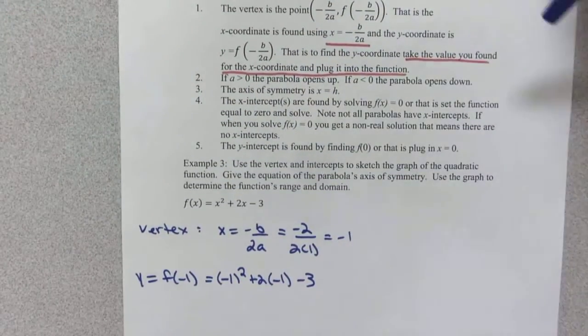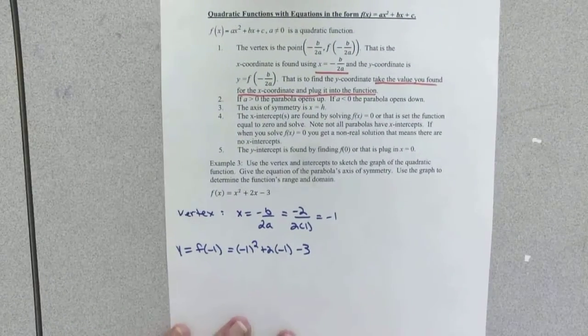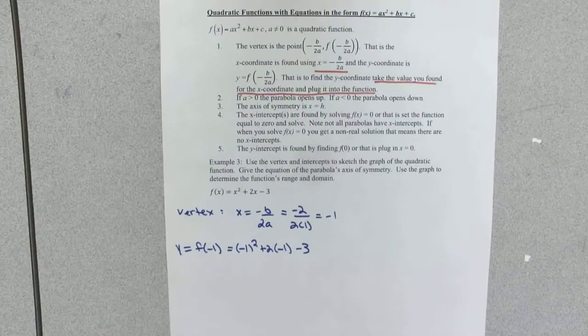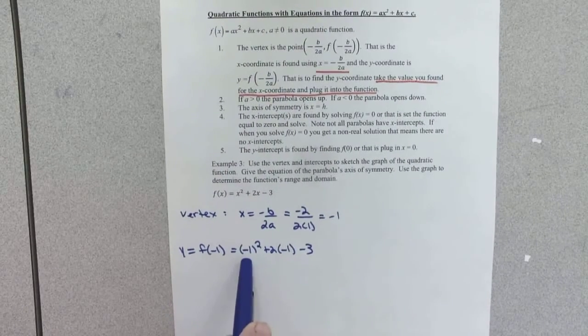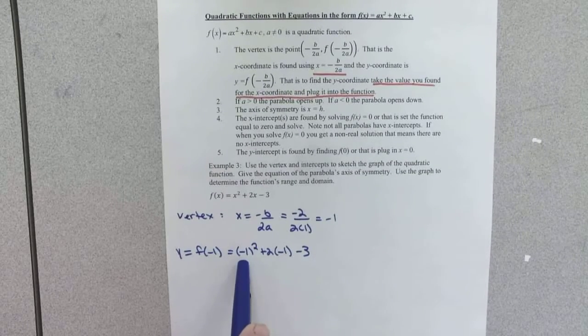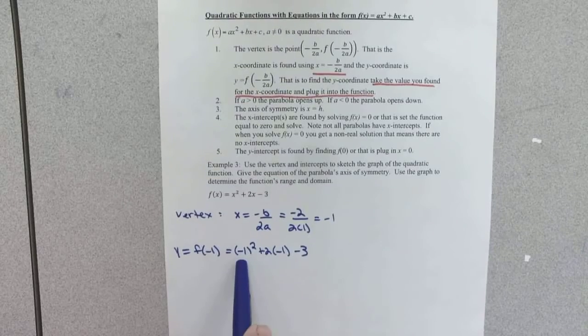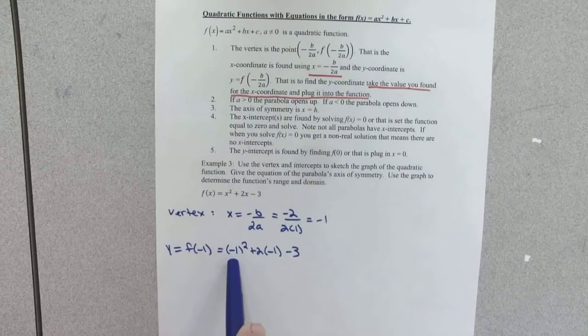Now some of you do everything on your calculator, which while I don't particularly like that, I don't have a huge problem with it. It's a fact of life that a lot of students do all their arithmetic on their calculator. If you do this on a calculator, you have to type it in with parentheses to get it to square the number negative 1. If you do not use parentheses when you put that in on your calculator, it will do it wrong.